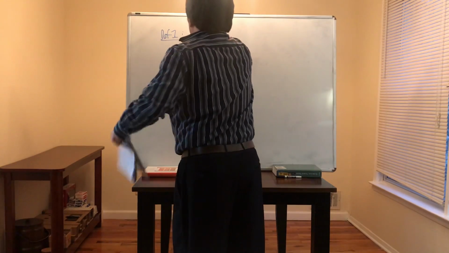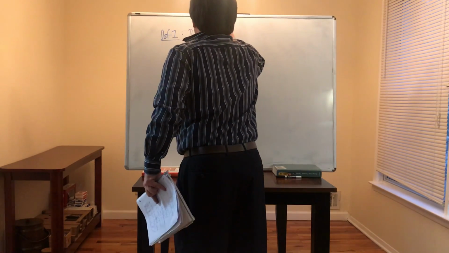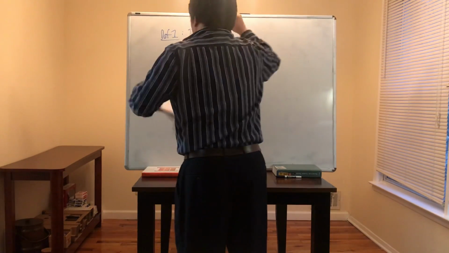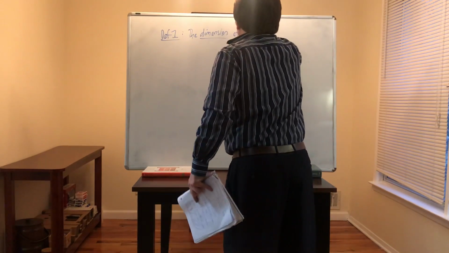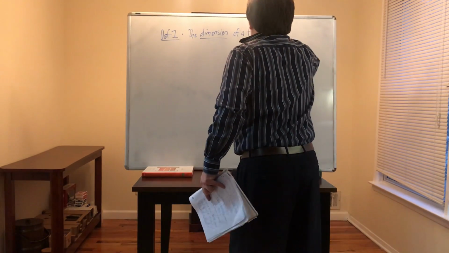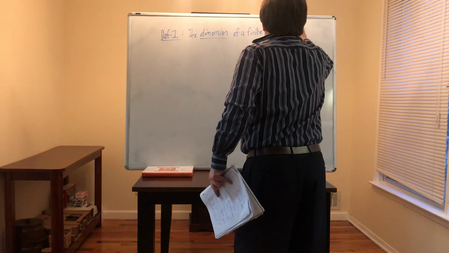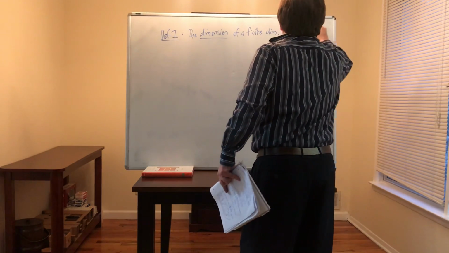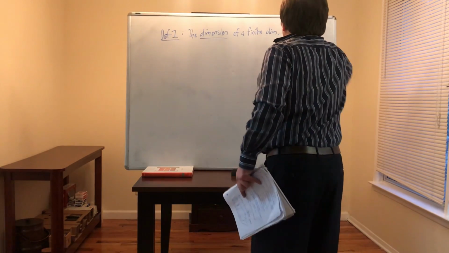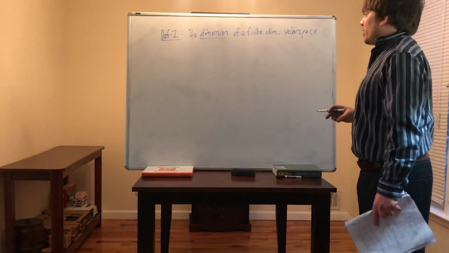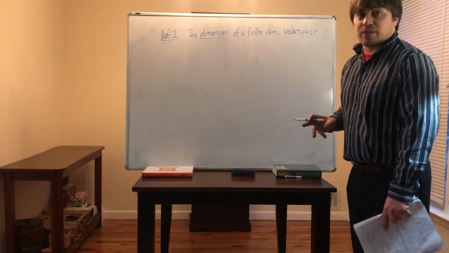Definition 1, the dimension of a finite dimensional vector space. So we talked about finite and infinite dimensional vector spaces without saying exactly what the dimension was, right?